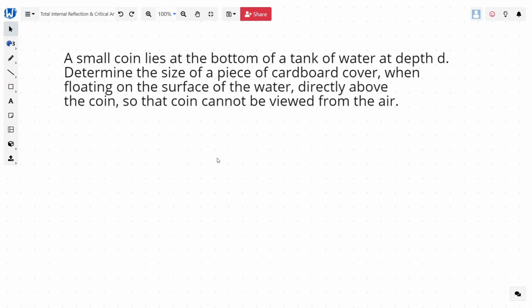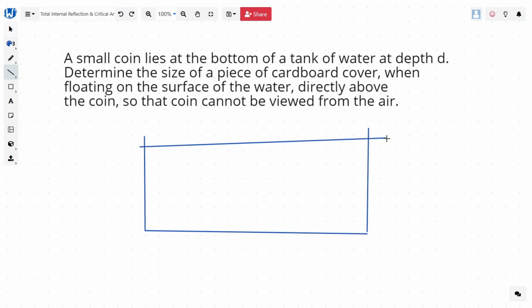So which means that, let's try and draw it first. So we have tank probably like this. Okay, tank of water, and we have water up to here. Okay, the coin is lying over here. Sometimes you won't get a diagram, so you need to draw that.